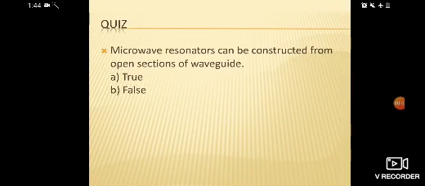It is a false statement. Microwave resonators cannot be constructed from the open section of the waveguides. That is the false statement.